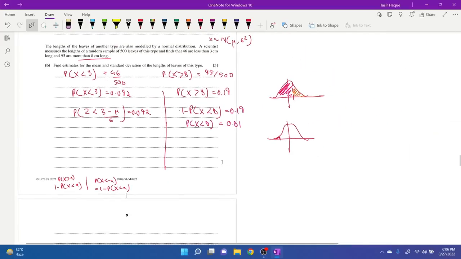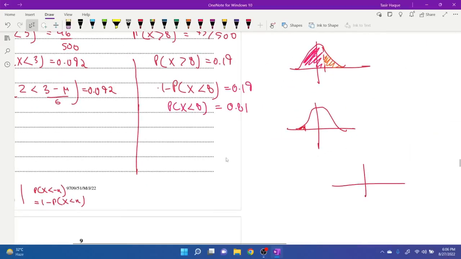Why is that possible? Suppose this value is minus x, and this value is x. If they told you P(X < minus x), it's this region over here. According to symmetry, this region would also have the same value, right?